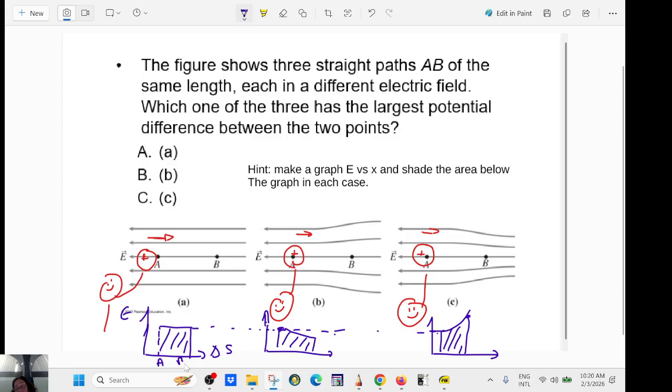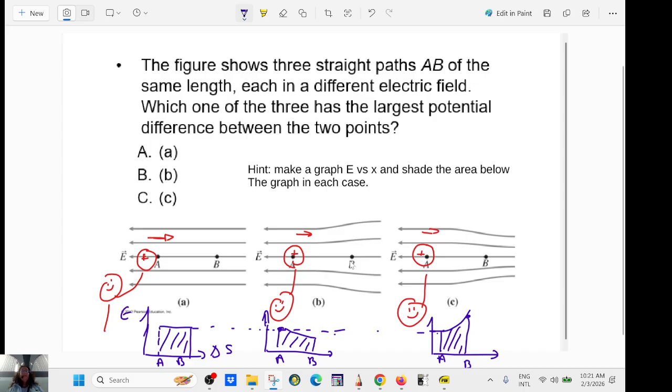You can think of that in terms of integral, right? From A to B. So what will be the largest area? Very good, right? So what's happening? First, you have to push really hard. Then it gets easier. So this one is the opposite: first it's easy, and then it gets very hard.